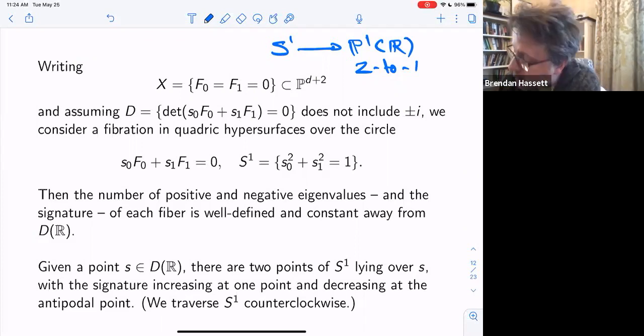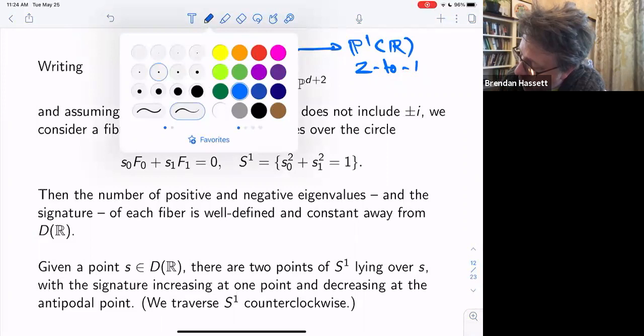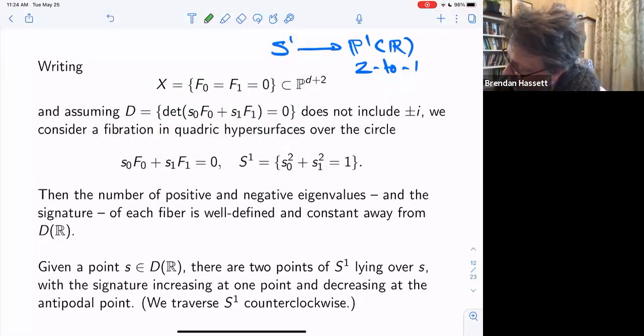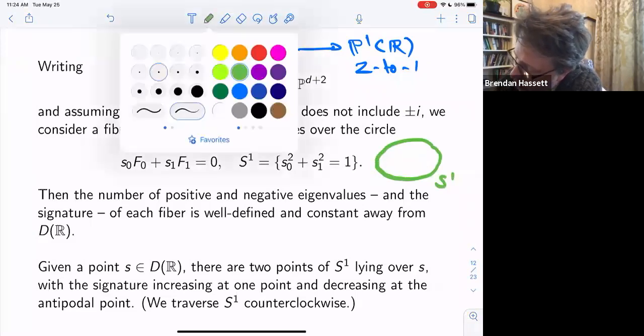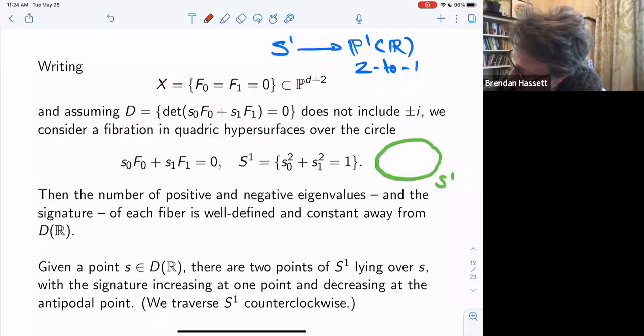but there are transition points when you approach points in the discriminant. Let me draw a picture of how I think about this. I have S1, and then I have some distinguished points here.